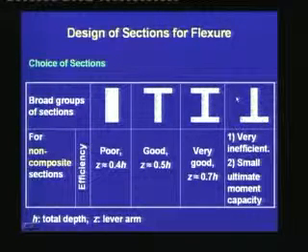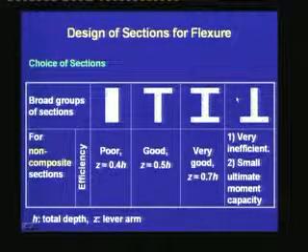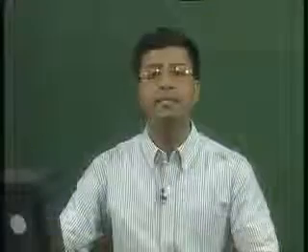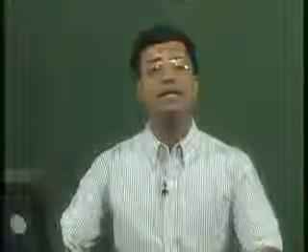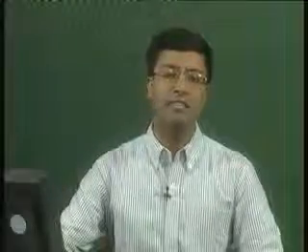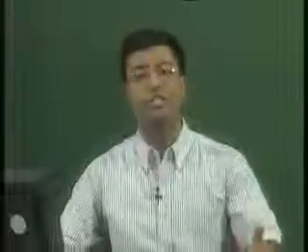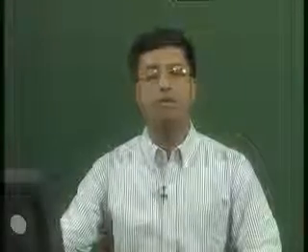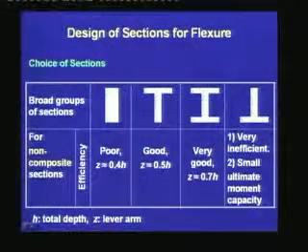The inverted T section is very inefficient for flexural capacity if it is bending in positive direction, but we can increase its flexural capacity if we are having a topping slab, which we shall mention under the category of composite sections. The ultimate moment capacity for an inverted T section is small as compared to the other types of sections.